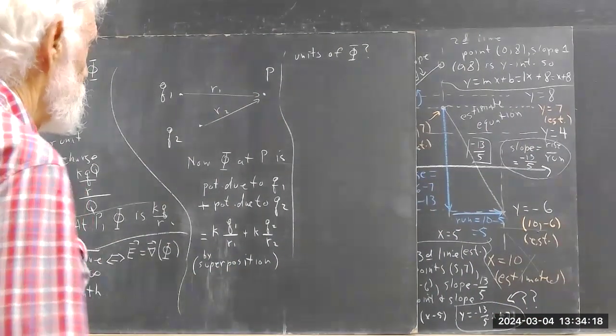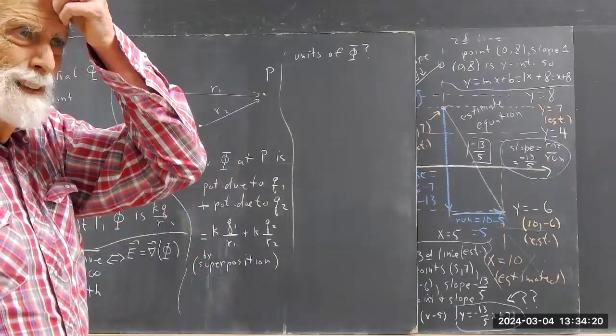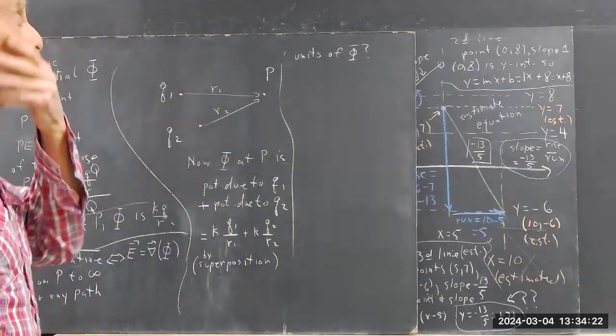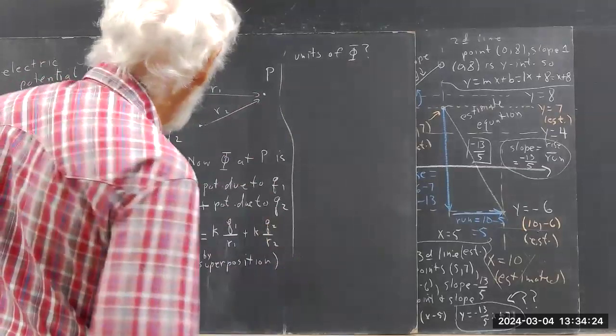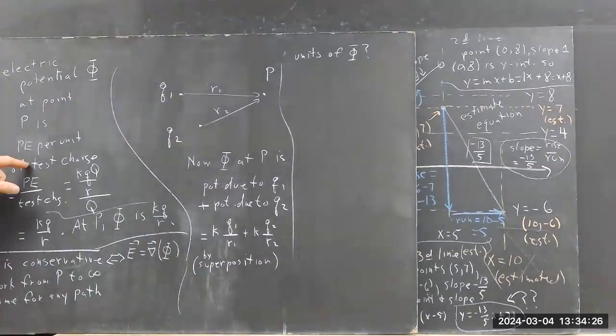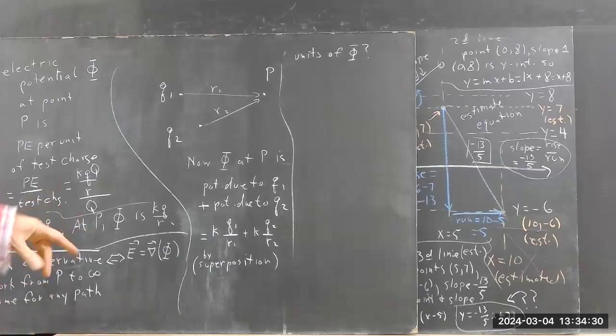Okay, put volt there, you should get the units. People, I don't think you got the right idea. Phi is what? It's potential energy per test charge, right? Now, of course, this is new. Look at the board. It's there. And what's potential energy? Where did it come from? Well, we did the integral of force times distance.